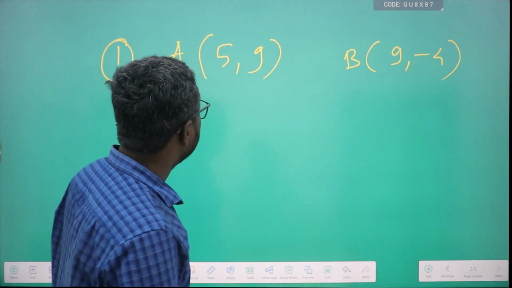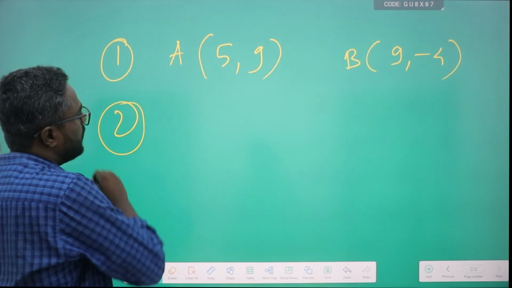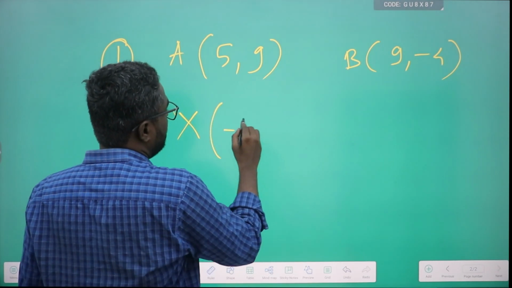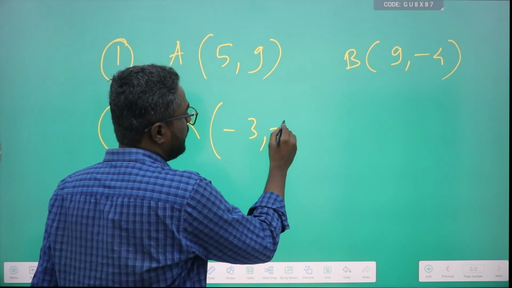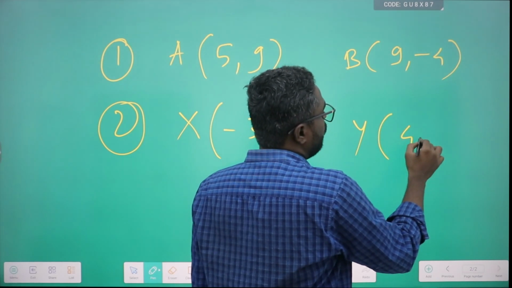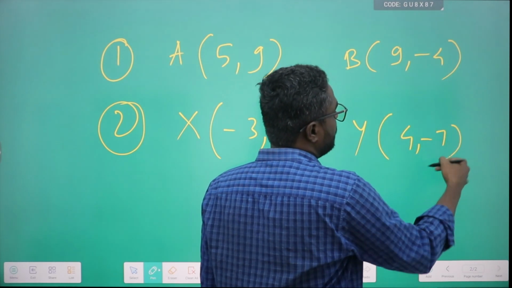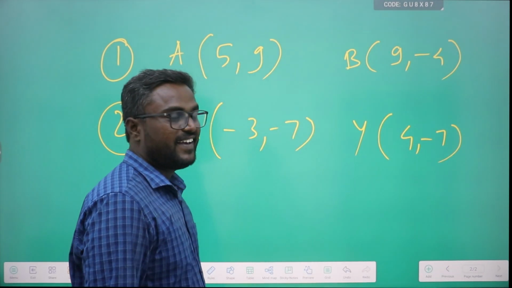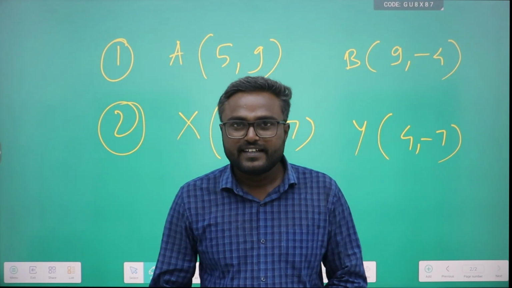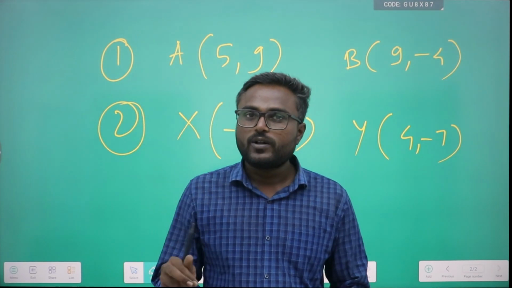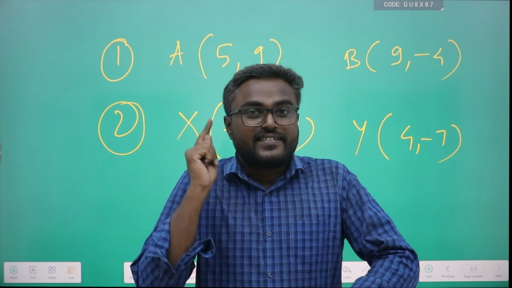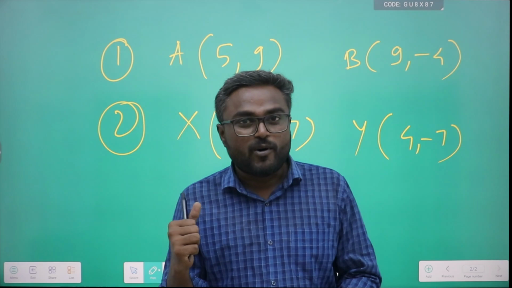Question number 2: point X is (negative 3, negative 7) and point Y is (4, negative 7). Okay, so this is going to be an interesting question. So, without hesitating, please try to solve the question right now and send me the answer in the comment box.